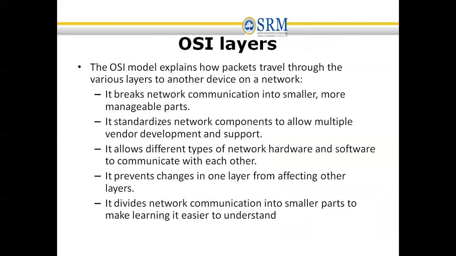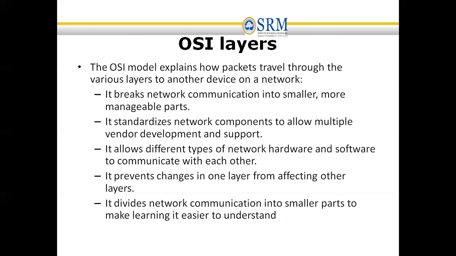When you look at the OSI layer, that is the Open Systems Interconnection layer, it's normally used to connect two devices in a network. It mainly involves breaking up the network communication into smaller, more manageable parts. It standardizes network components to allow multiple vendor development and support, and it also allows different types of network hardware and software to communicate with each other.